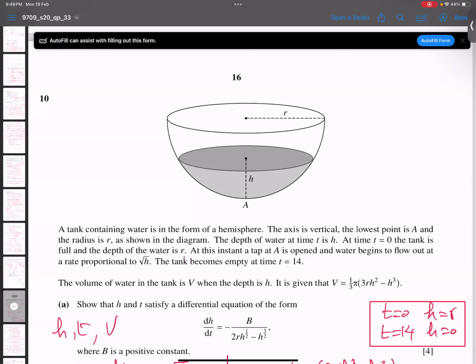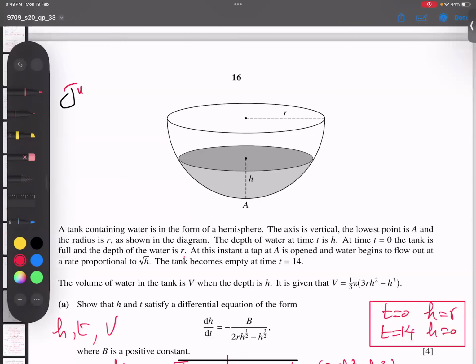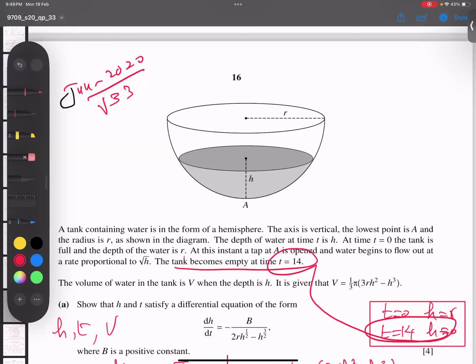Yes, students, this is another example, June 2020, variant 33, question number 10, you can see here. The data given says that in the beginning, when time was 0, the height of the liquid is R. I think this container was full. Then when time is 14, the tank becomes empty.